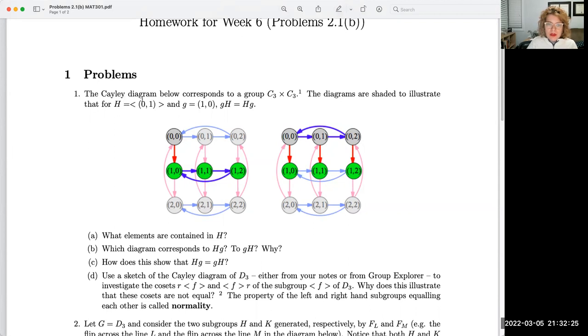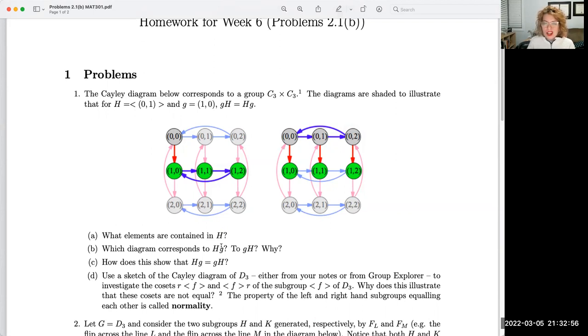And so the elements in H are the ones that are just in the top row. And the diagram that corresponds to the coset big HG is going to highlight the elements that we get by going to H right away and then following the G arrow.